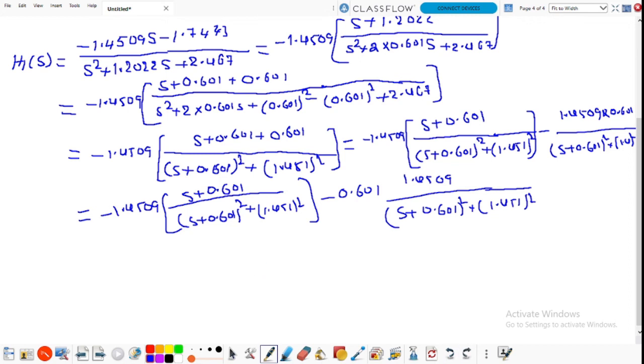And similarly calculate H2 of S. So what is H2 of S?